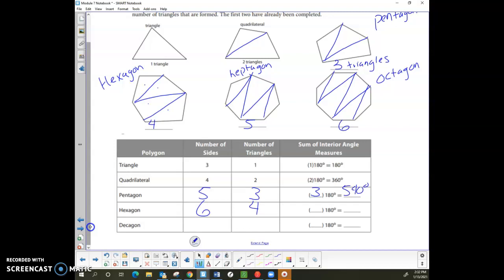A hexagon has 6 sides, and we said that had 4 triangles. So 4 triangles times 180 gives me 720 degrees. A decagon has 10 sides. If you look at the pattern here, the number of triangles is 2 less than the number of sides. So a decagon is going to have 8 triangles. Take that times 180 degrees in each triangle, and we will get 1,440 degrees in a decagon.